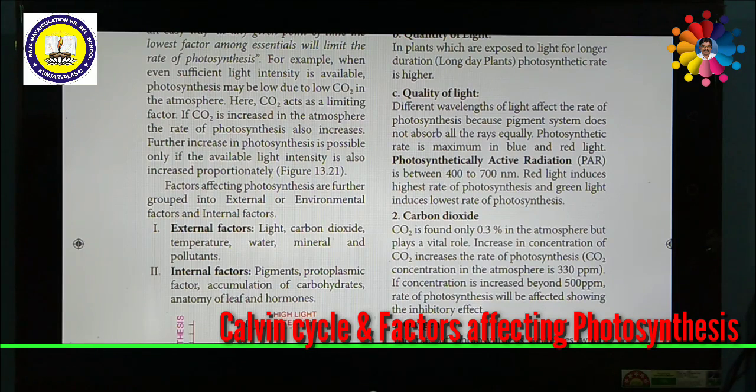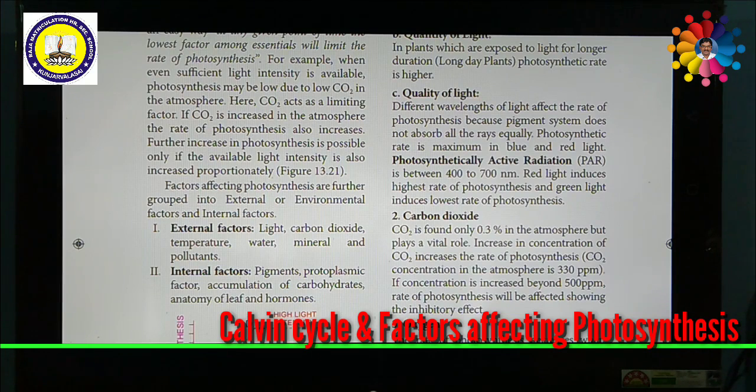Then the formation of plastocyanin needs copper. So, depending upon the various processes, different types of minerals are required. Some air pollutants also affect photosynthesis. Pollutants like sulfur dioxide, nitrogen dioxide, ozone and smoke affect the rate of photosynthesis.